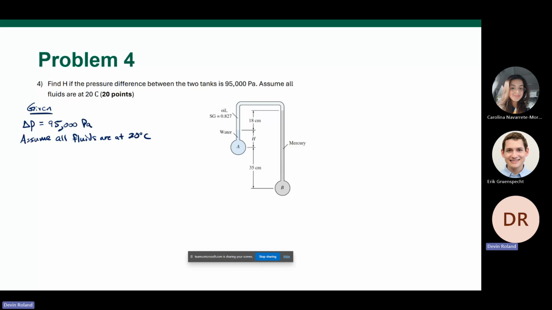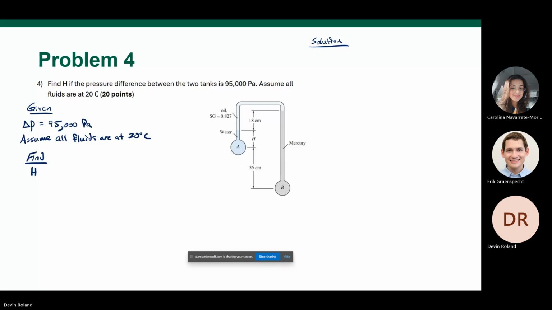So we just need to know that we have standard temperature for this table so that we can go look at the table for values. So I guess that's really all we know. Then our find is that H value, which is there on the figure. And so for the solution, we are going to write a pressure balance here.